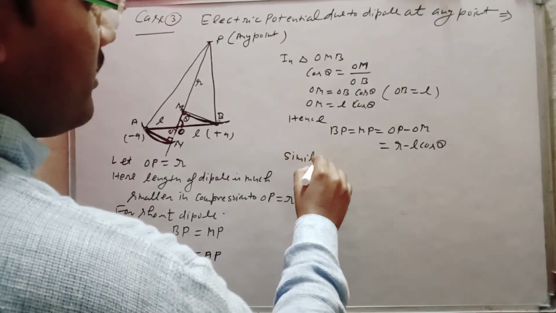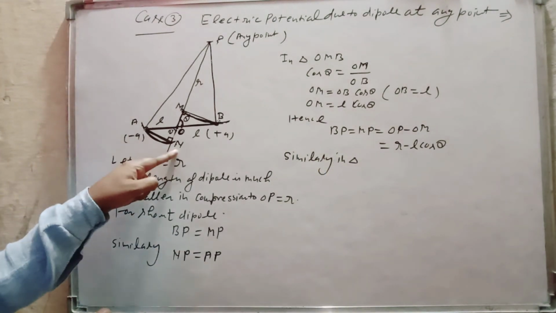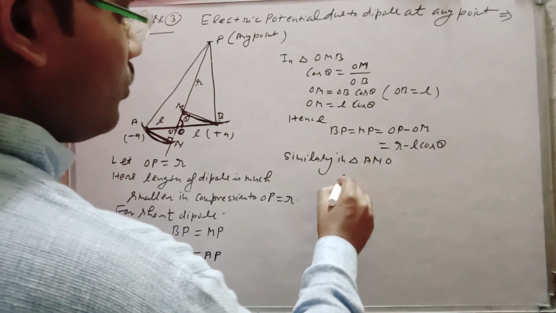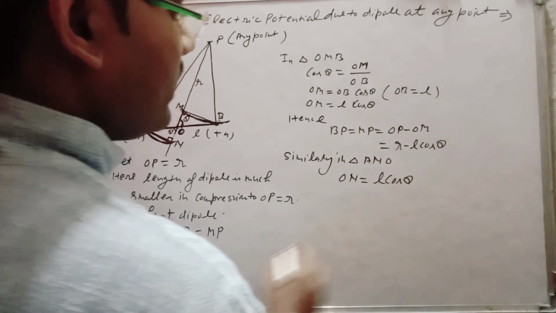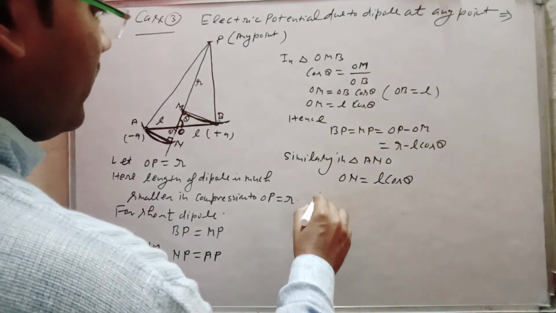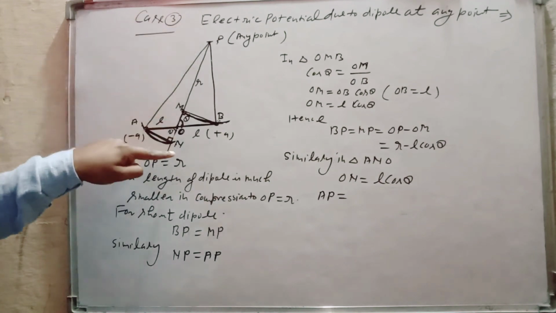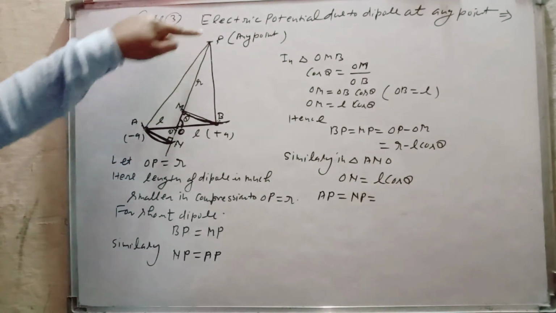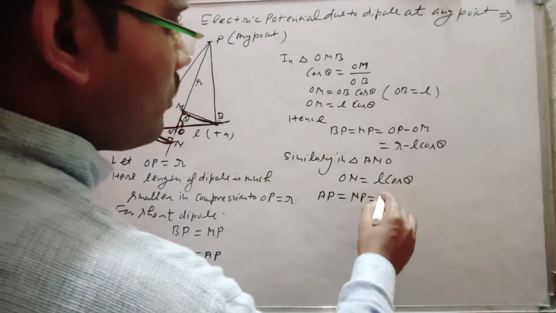Similarly, in triangle ANO, ON is equal to L cos theta, and here AP is equal to NP, and NP is equal to OP plus ON.